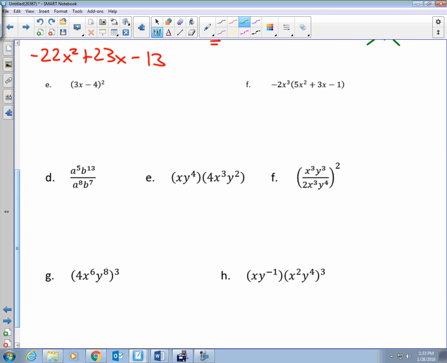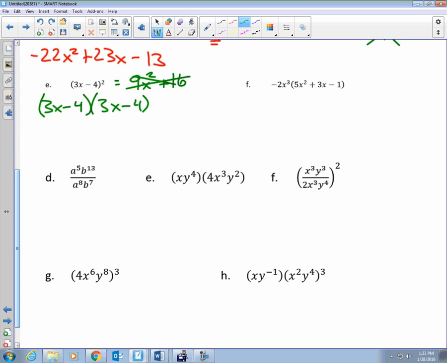Okay, E. I would be tempted to write this as, I'm going to square that to get 9x squared, and negative 4 squared is 16. Can I do that? No. What does it mean to square something? You take that something and multiply it by itself. So every time you see this squared, you're going to want to write it as 3x minus 4 times 3x minus 4. Right?